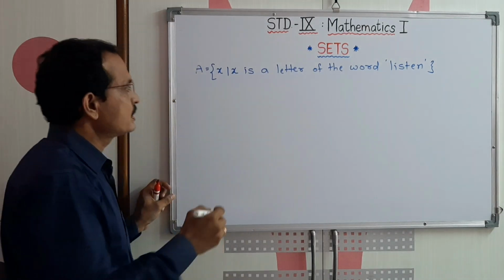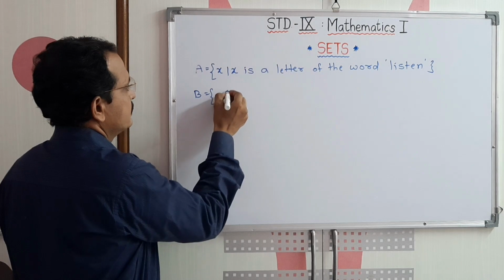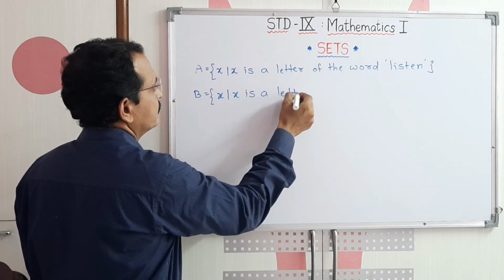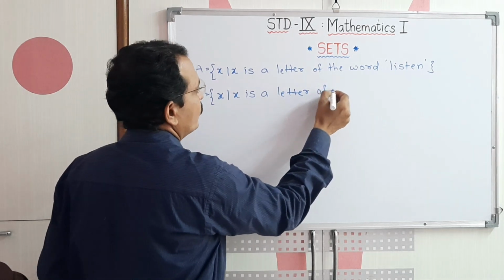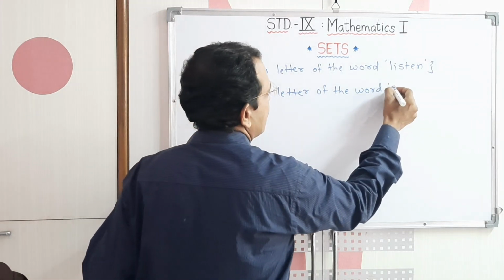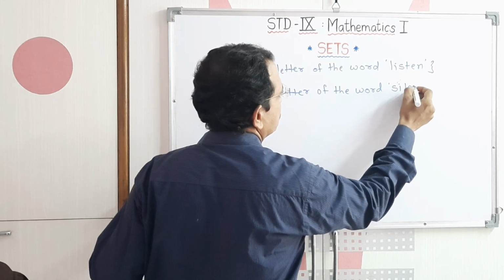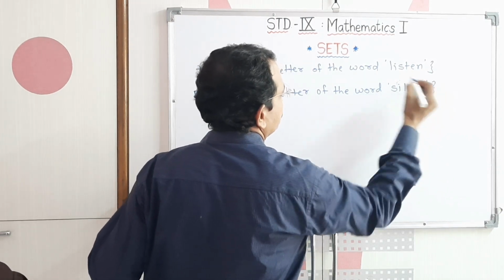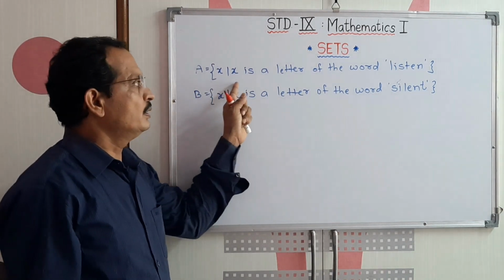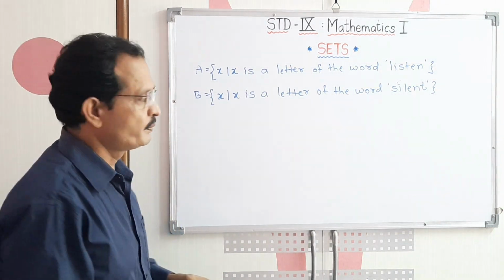And another set B is given: B is a set of X such that X is a letter of the word silent. These two sets are in rule method. We have to write them in list method.